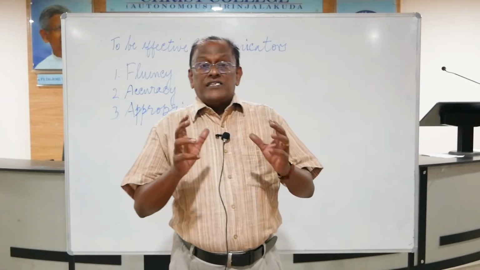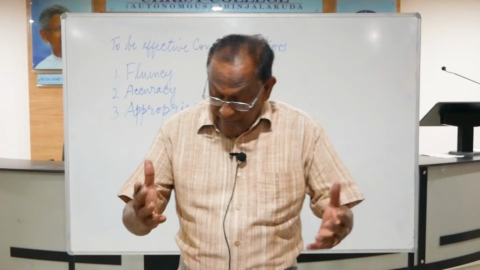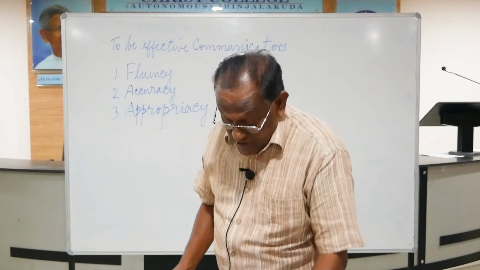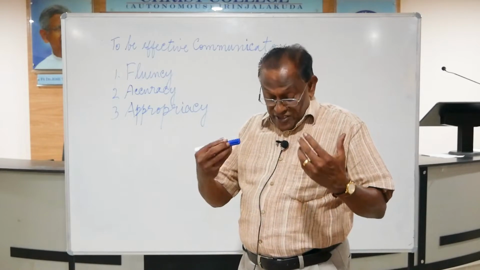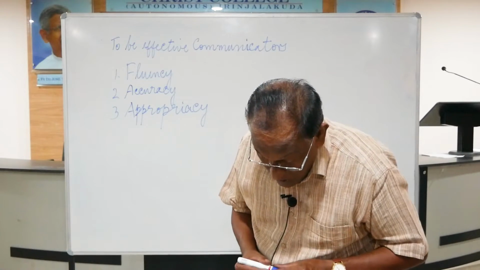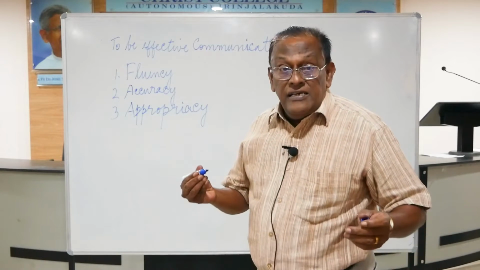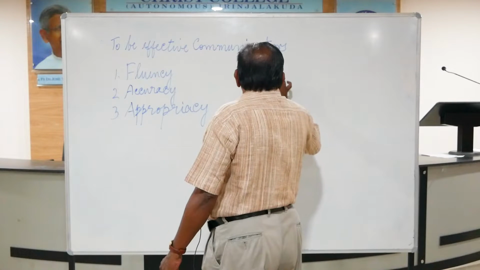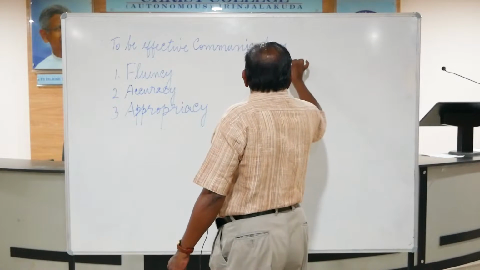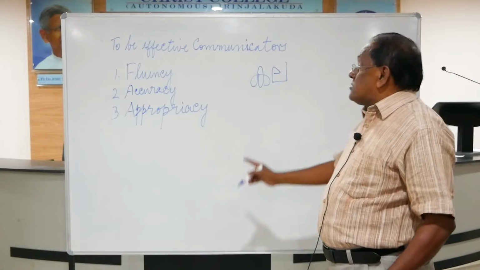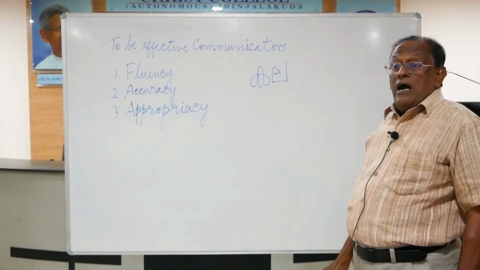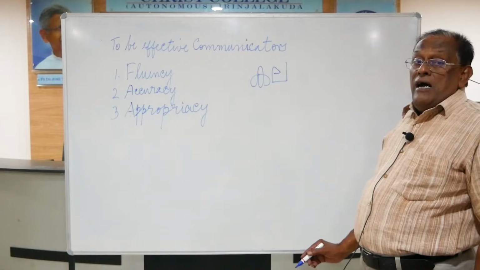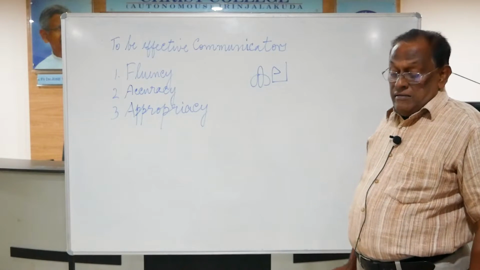Now, the answer is, I can illustrate this statement to you by writing a word in Malayalam. It has 2 letters, Ka and La, and we read it as Ka and La, Kala.